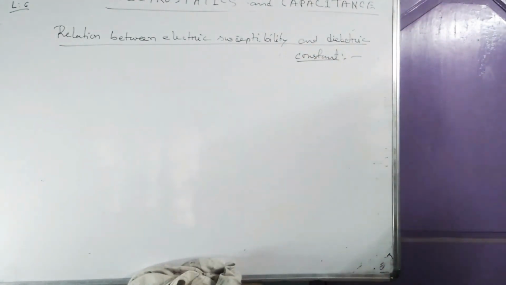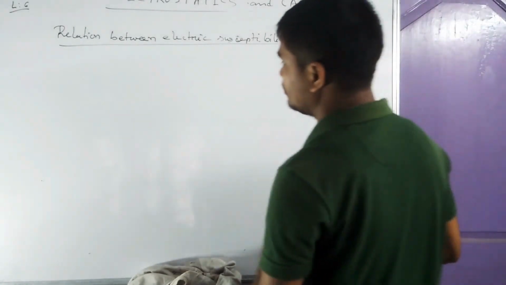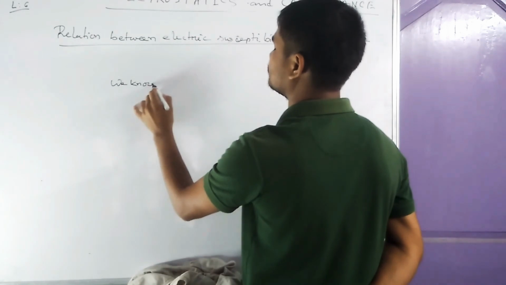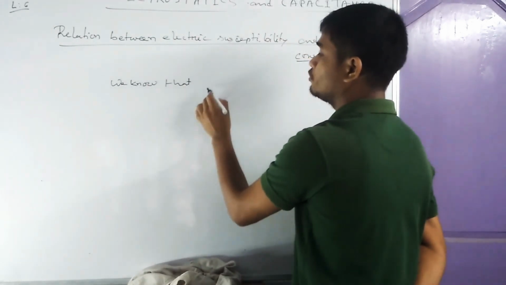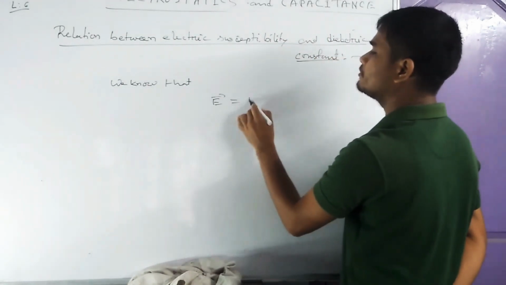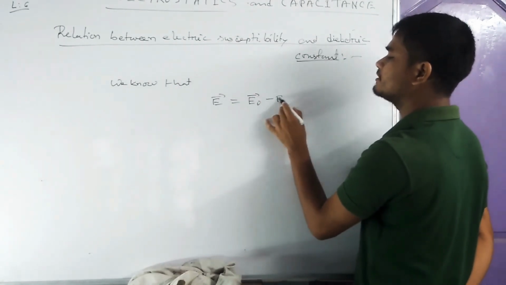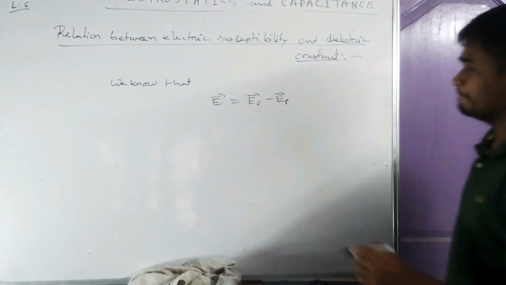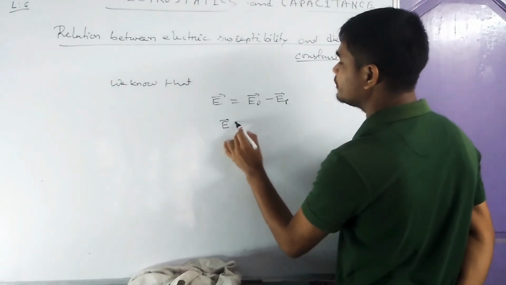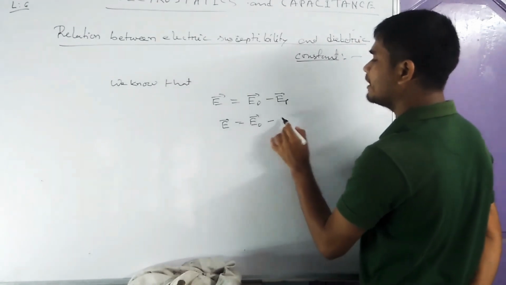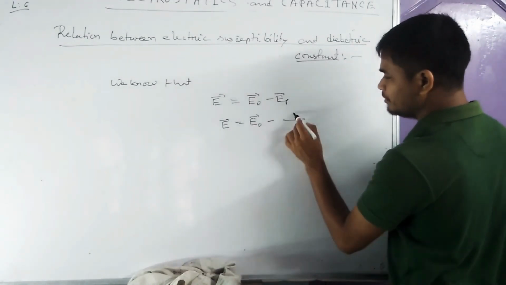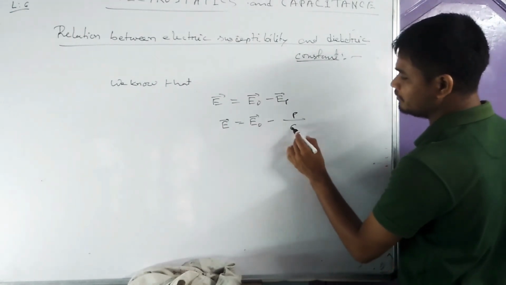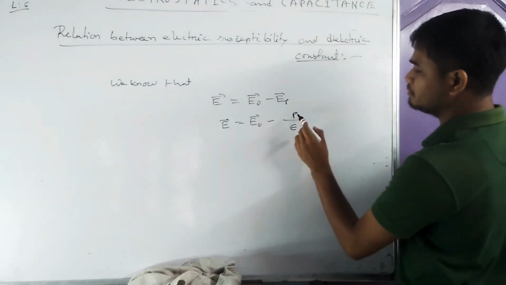Now we can find the relation. Clear? We know that the total electric field E is equal to E naught minus E P, where E P is the polarization divided by epsilon.